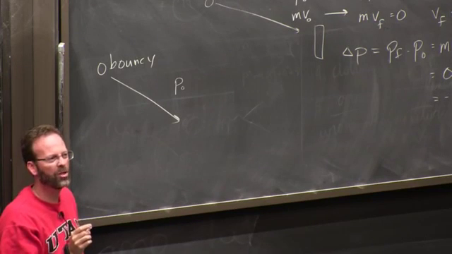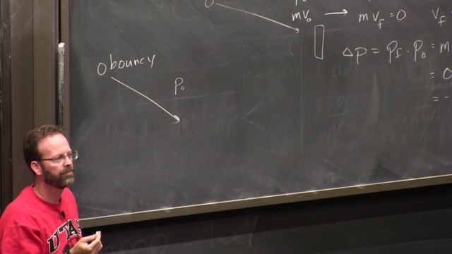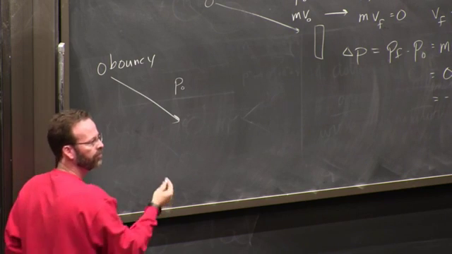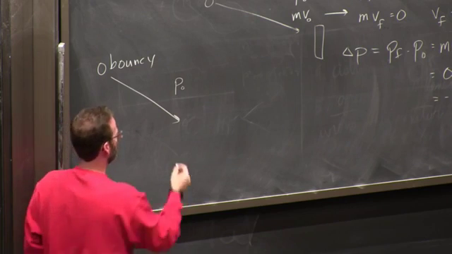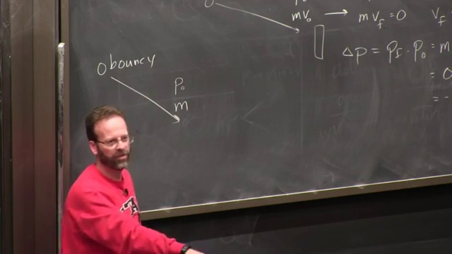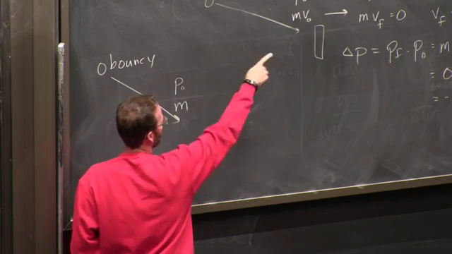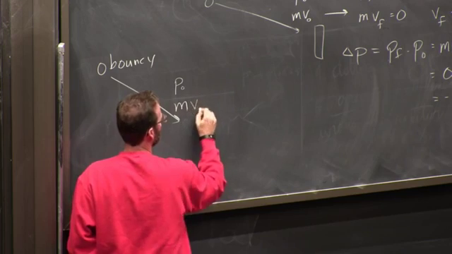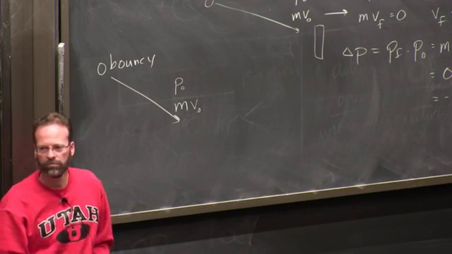What's its initial momentum right before it hits the block? How do we find momentum? Mass times velocity. It's essentially the same mass, a very, very small difference. And what's its velocity compared to that one? Yeah, it's the same. So it comes in with the same initial momentum.